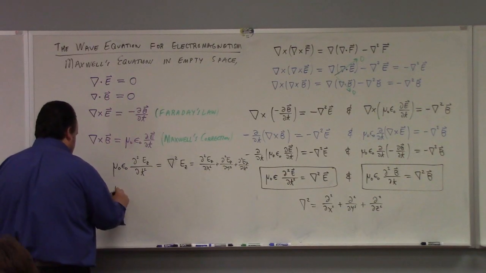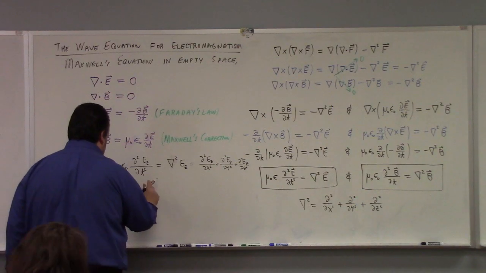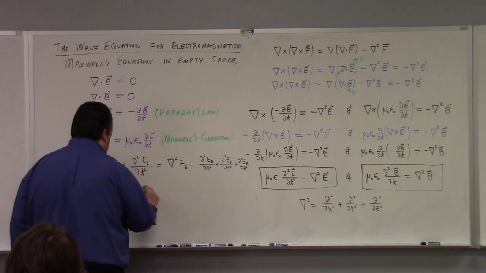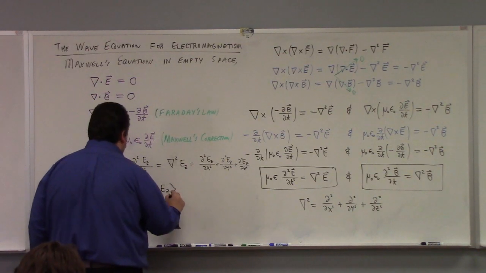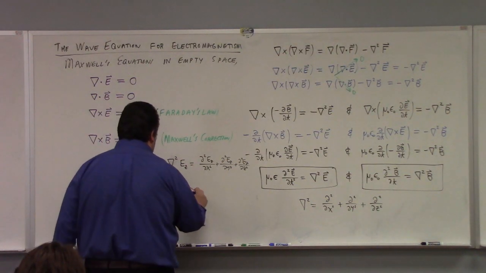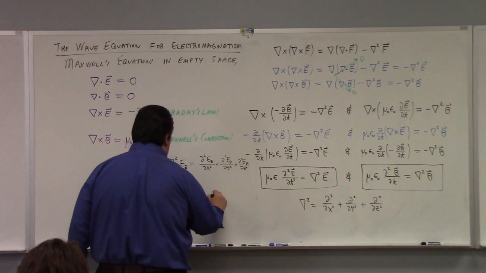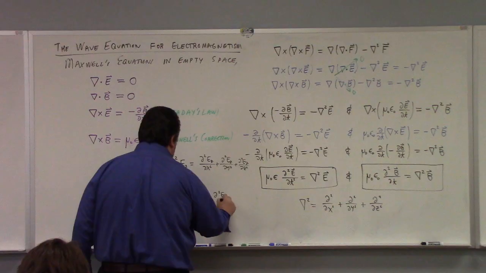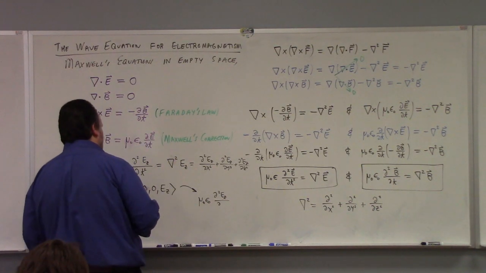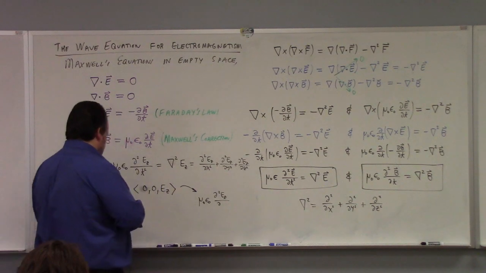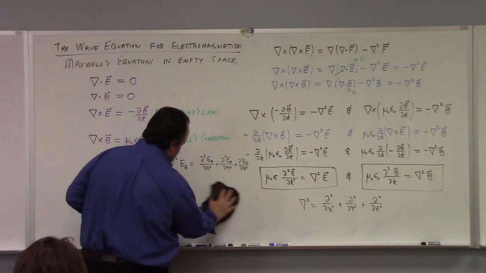If the electric field is just equal to 0, 0, and then Ez, then we get mu naught epsilon naught partial squared Ez. That's not what I want to say. I'm sorry, guys. Give me a second here. That's not what I want to say at all.